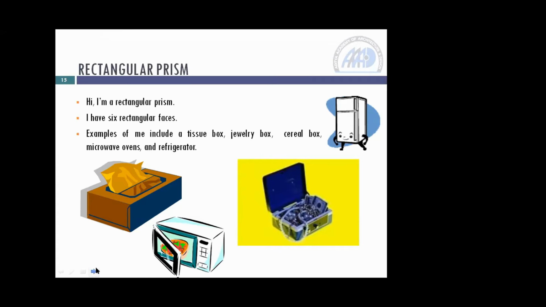That is a cuboid, a rectangular prism, which has six rectangular faces. You can see here: 1, 2, 3, 4 on either side, the bottom is 5, and on the other side is one more, 6. For example, we can see it in tissue boxes.